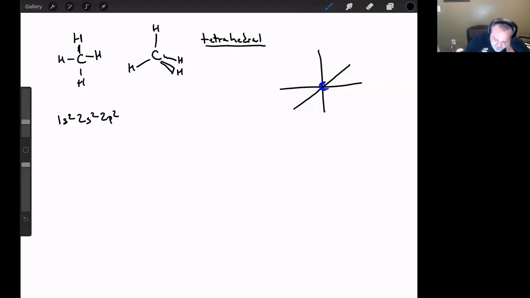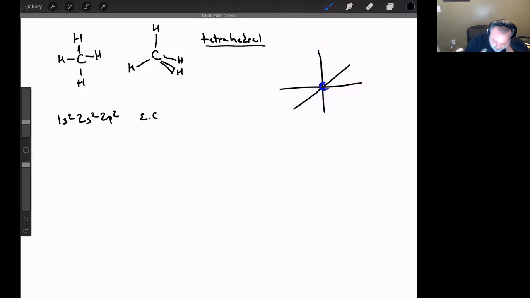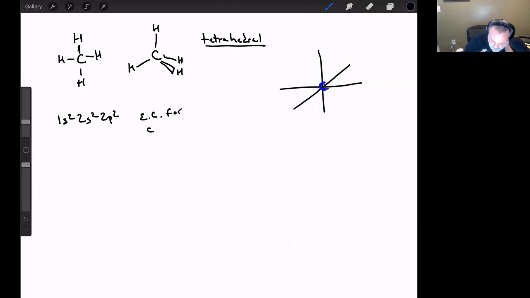This is the electron configuration for carbon. Well, let's just think about the 2s and the 2p orbitals. And so what we want to do is think about these orbitals.